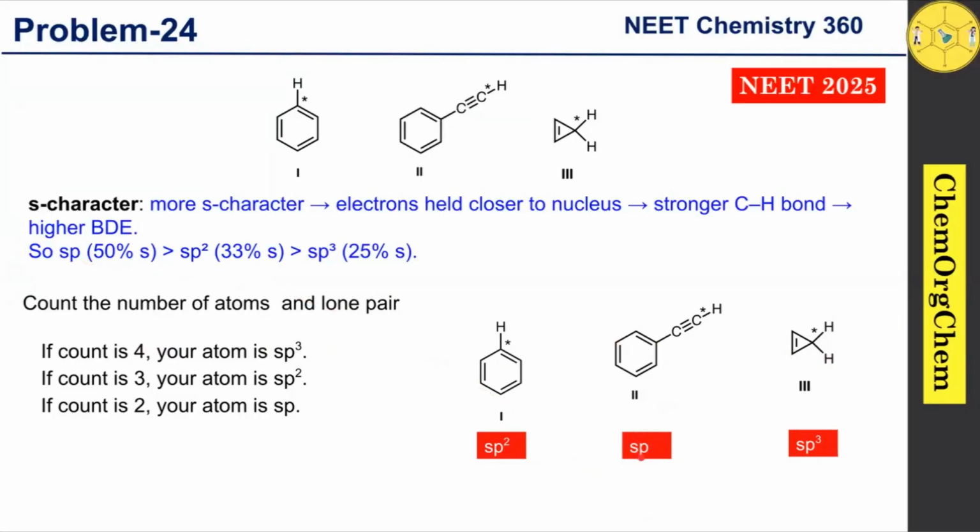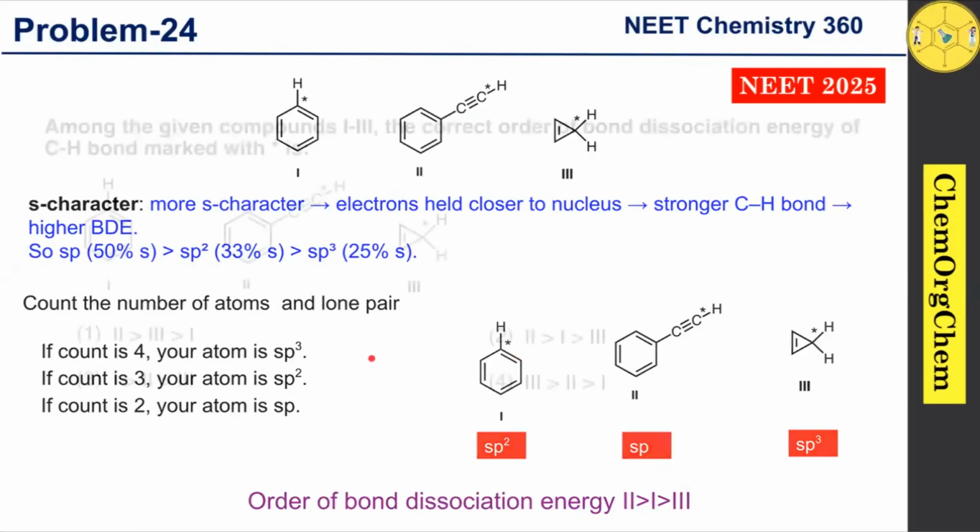So here is sp hybridization, which comes first, and next would be compound 1 and the final one would be compound 3. Based on that we can arrange the order of bond dissociation energy. The second molecule has the highest bond dissociation energy and the third one has the lowest bond dissociation energy among the 3 molecules. Let's move to our question.